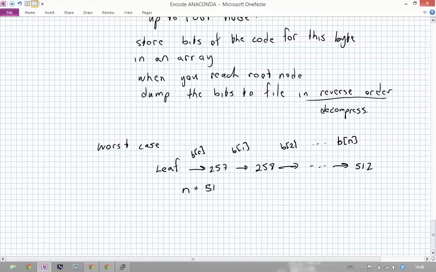So that means that we can have a code that's 256 bits long for one character. Can anybody think of when that might happen?